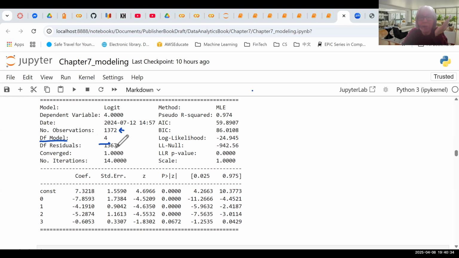Then you also consider the constant term, so that's why here is the degrees of freedom for the residual. And the method used here is maximum likelihood estimation, because it's logistic regression, and logistic regression is about the probability.